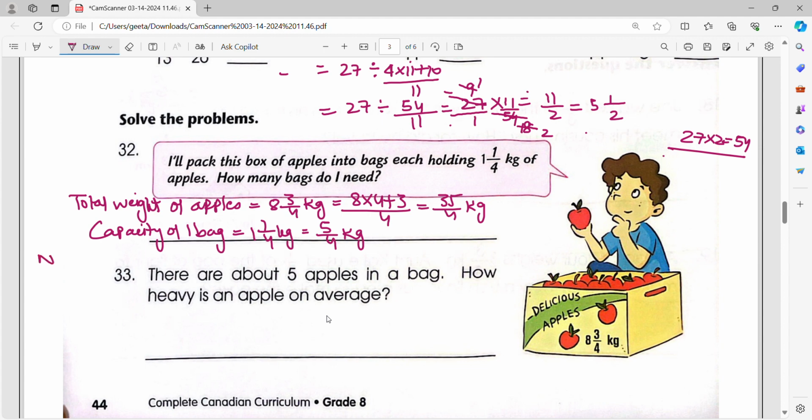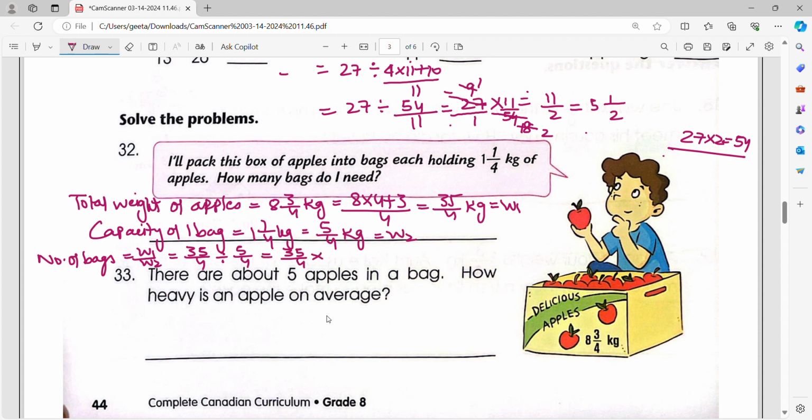So number of bags, should I write W1, W2? I can make the statement easy for you. Number of bags would be W1 divided by W2. So it's 35 over 4 divided by 5 over 4. Just tell me one thing.